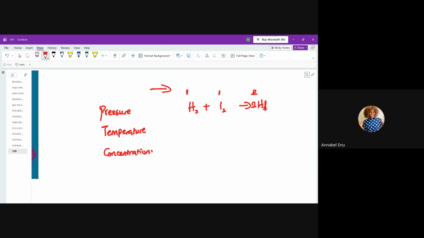This is the simple process. We can determine our concentration from this, because concentration is related to the coefficient of a reaction.